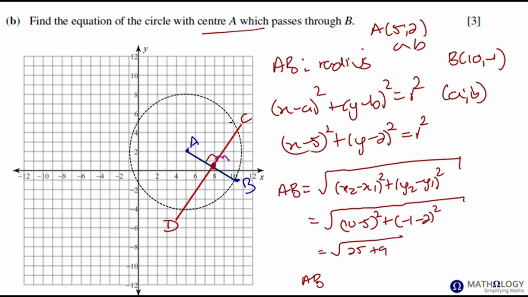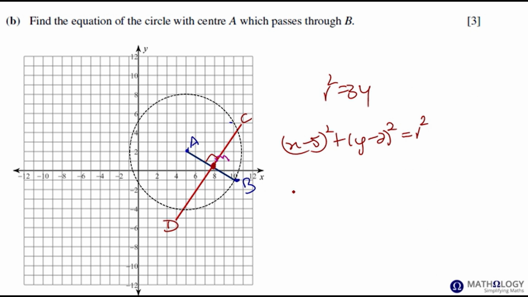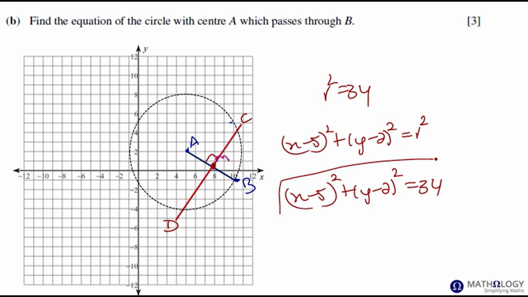So AB equals the square root of 34. That means that r squared equals 34. So therefore the equation of the circle is (x minus 5) all squared plus (y minus 2) all squared equals 34.